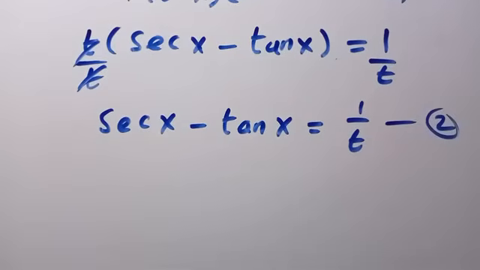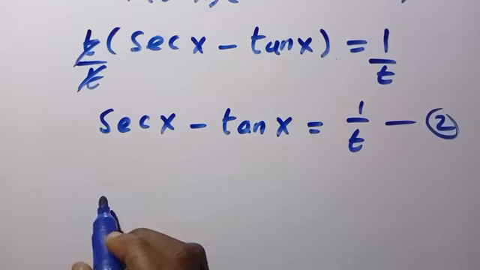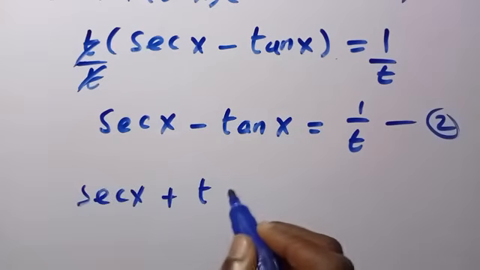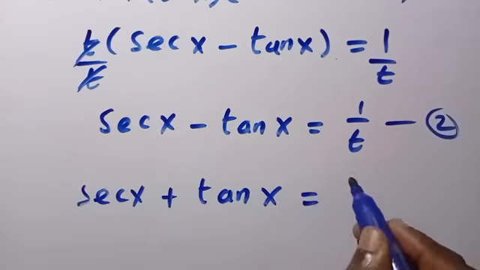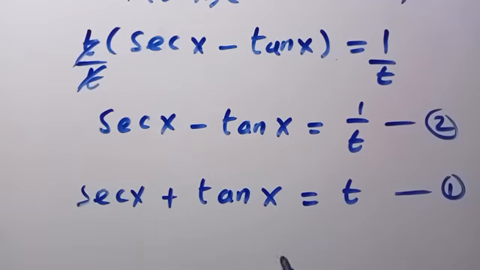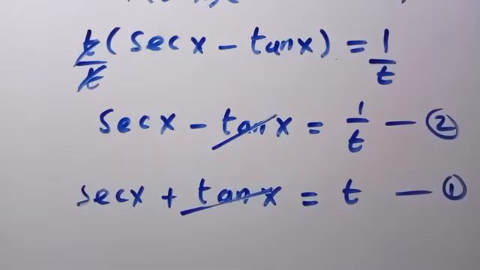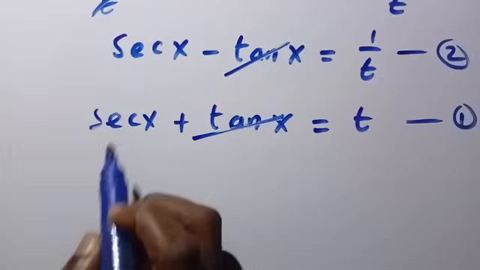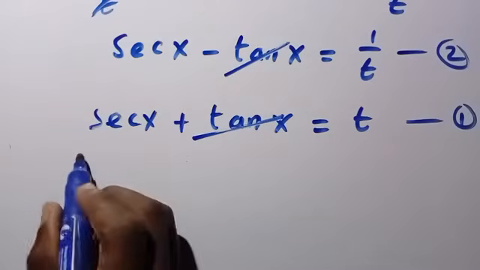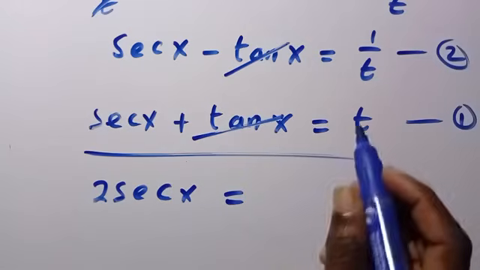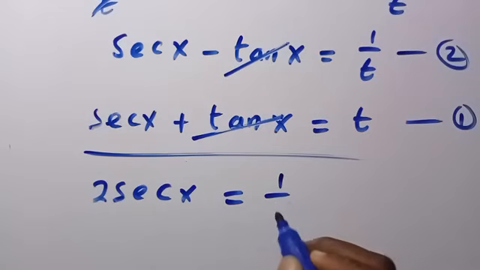By bringing the two equations together, the first one is sec x plus tan x equals t. This is our equation 1. Let's add equation 1 and equation 2 together. By adding, minus tan x plus tan x cancels. So sec x plus sec x gives us 2 sec x equals 1 over t plus t.